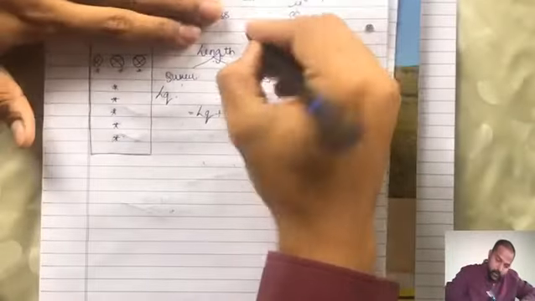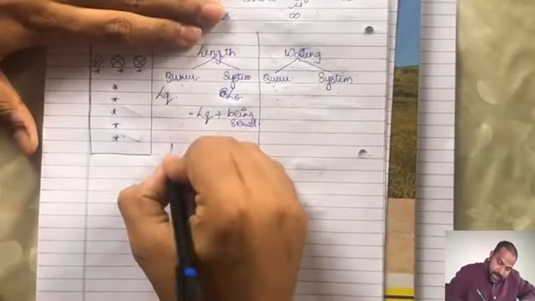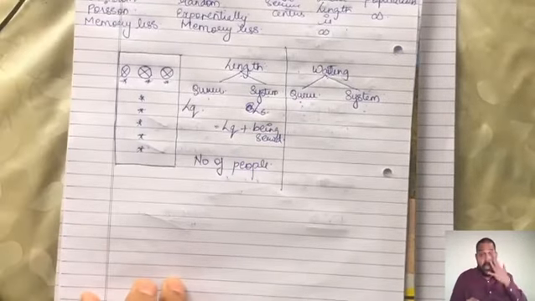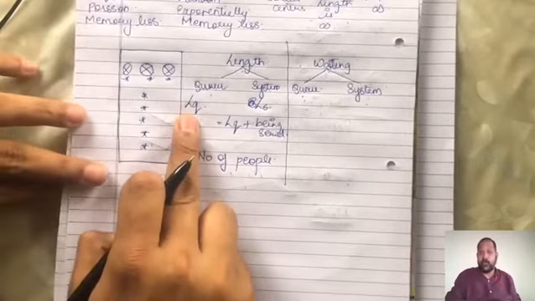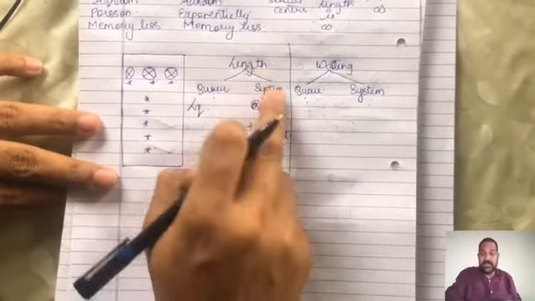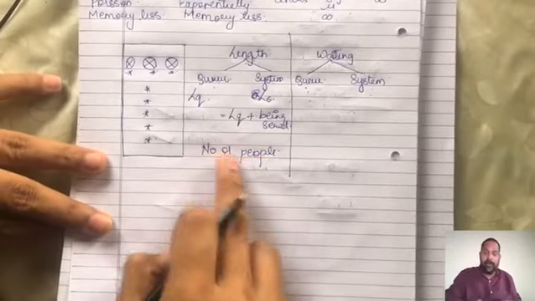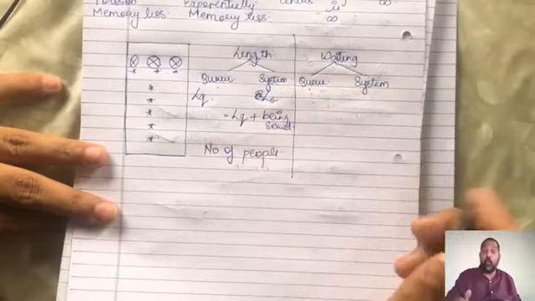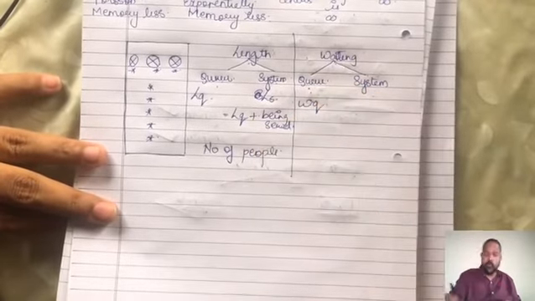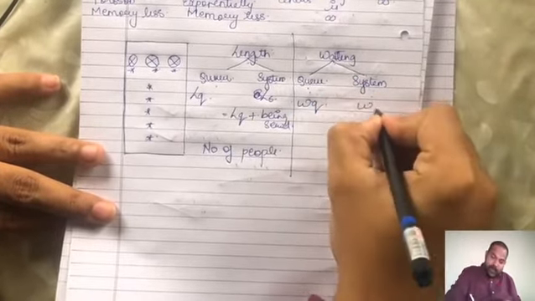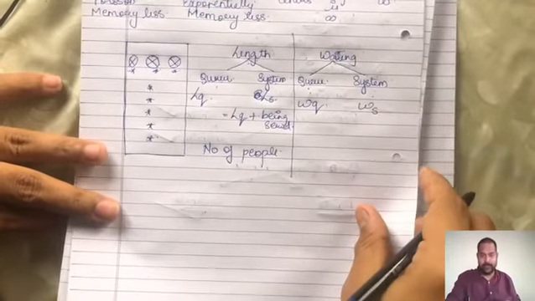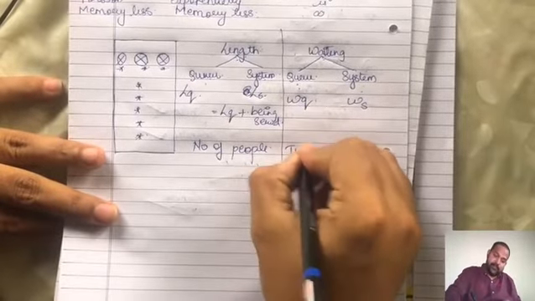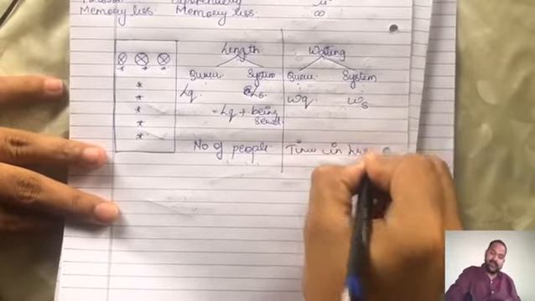This length that we talk about is number of people. So when I talk about length of queue, I am asking you how many people in the queue. When I am asking you length of the system, I am asking you how many people in the system. When I ask you waiting, which is WQ, which is waiting in the queue, and WS, which is waiting in the system, I am asking you the time in hours.